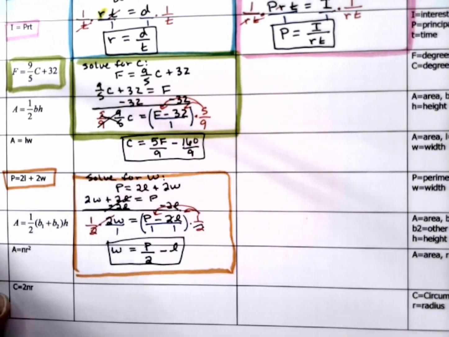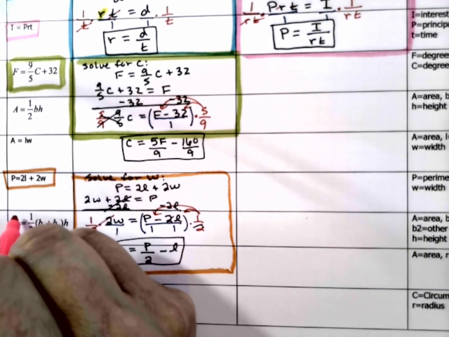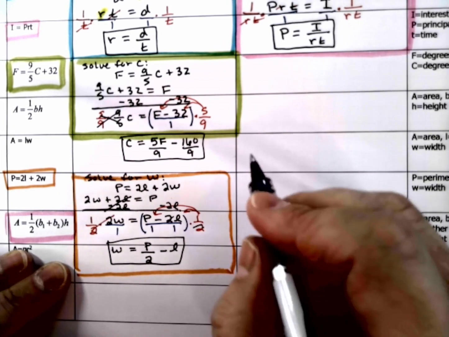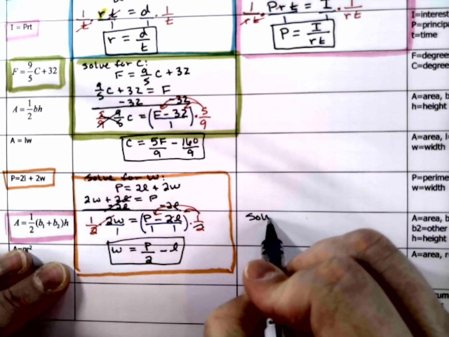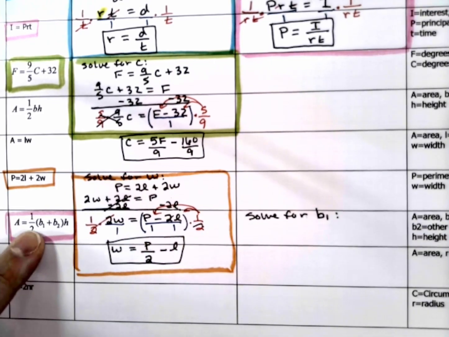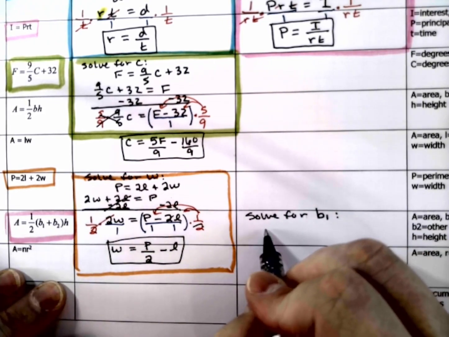All right, last one of these, and then we're done. We're going to do area of a trapezoid, which is this formula right here. I'm going to come over here, and we are going to solve for B sub 1, which is the first one. So let's write our formula.